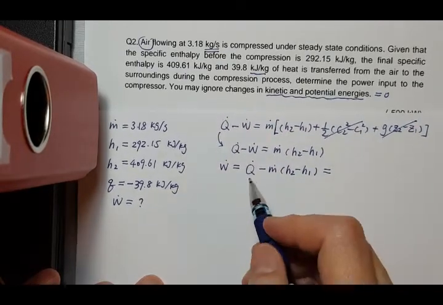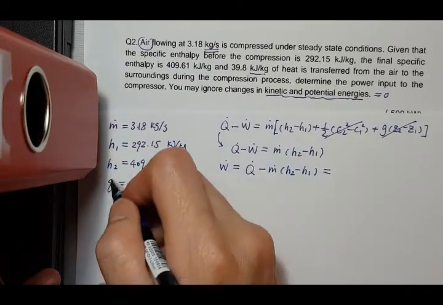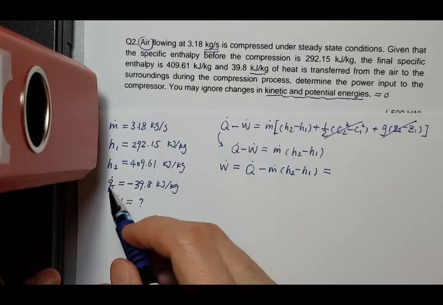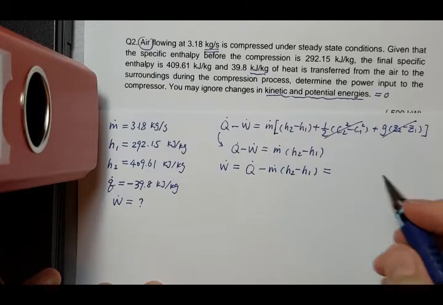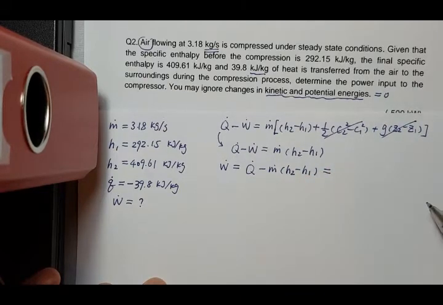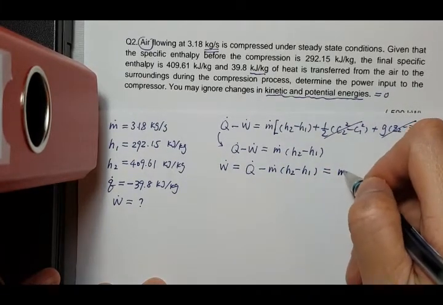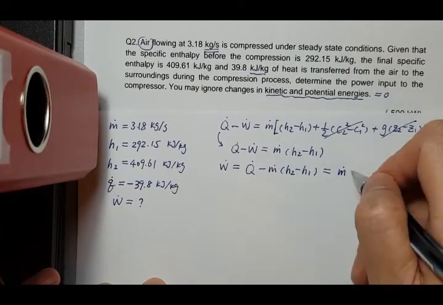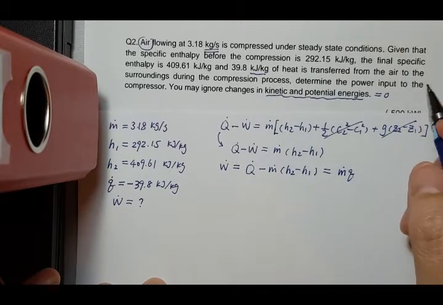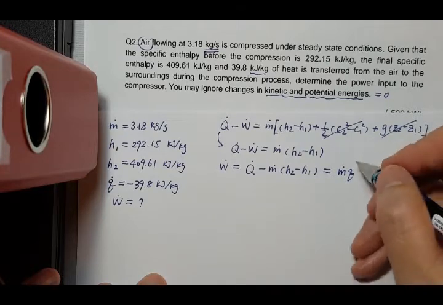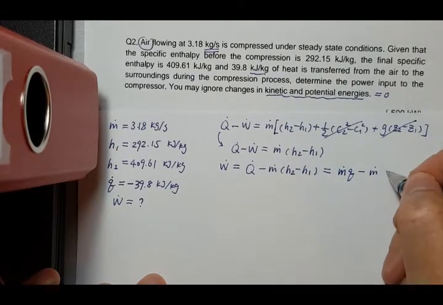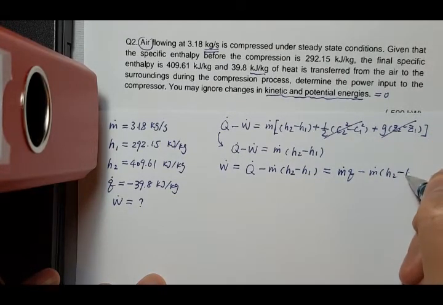Q dot, we actually don't know, however we know the lowercase q. So actually the capital Q dot can be written as M dot times q, subtract M dot (H2 subtract H1).